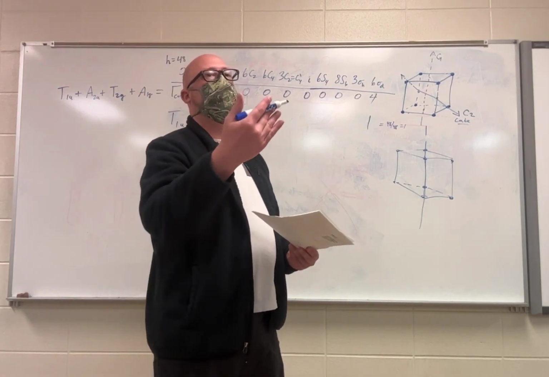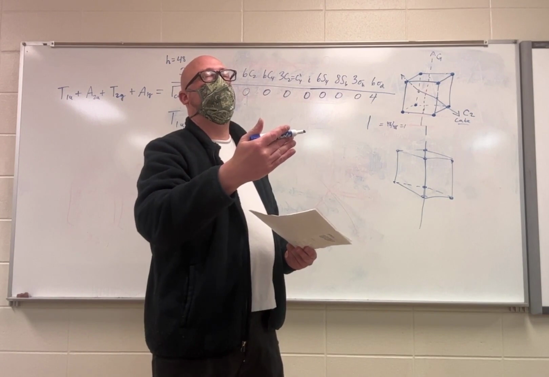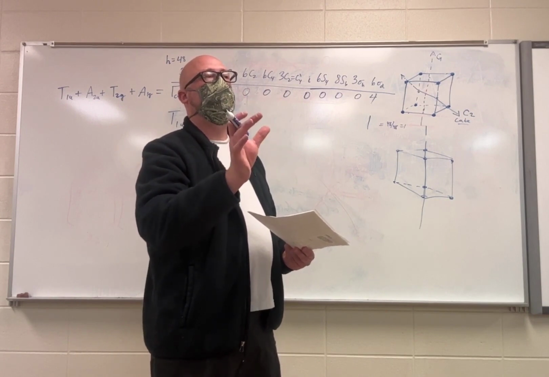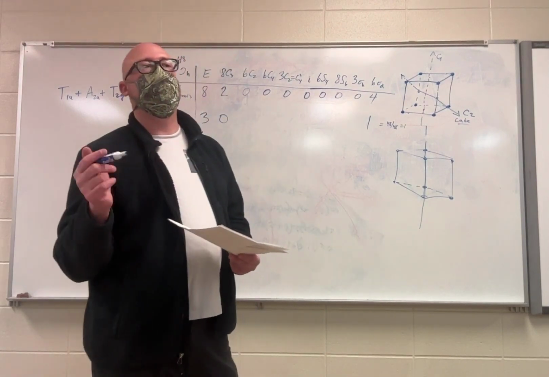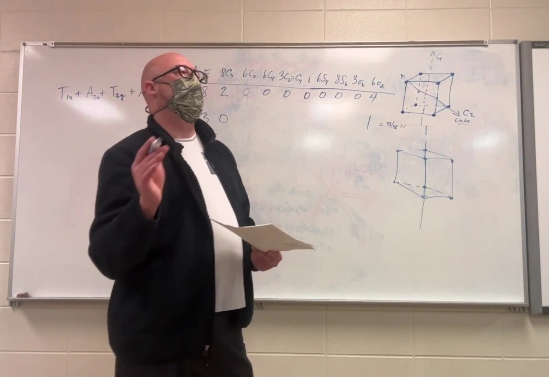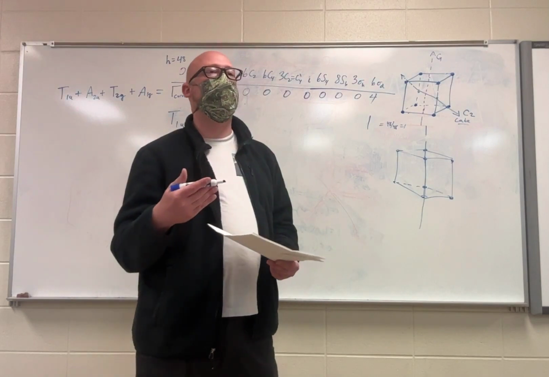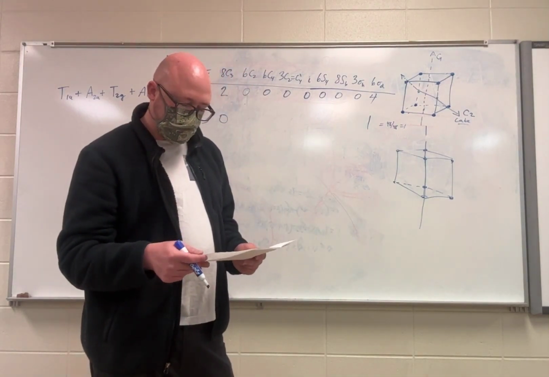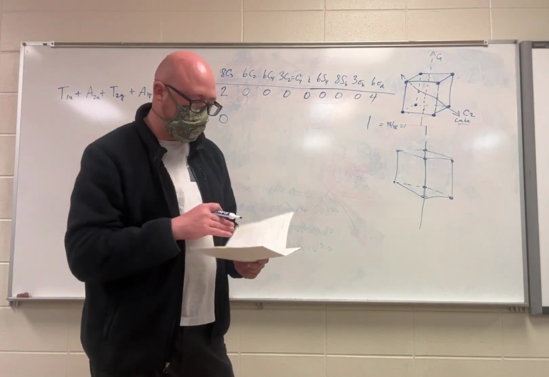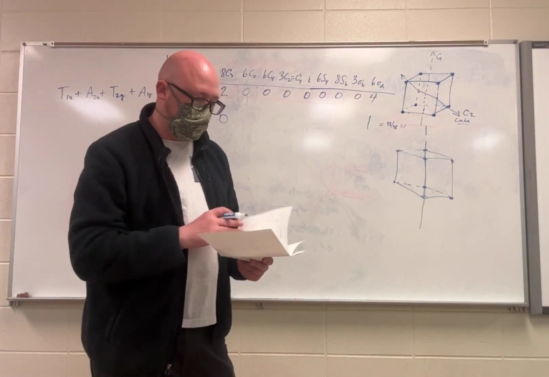So if the vertical planes bisect angles formed by the C2s, then it's a sigma D. Otherwise, if they contain the C2s, it's a sigma V. And I think that's all of the different notations that you'll see for the point groups.